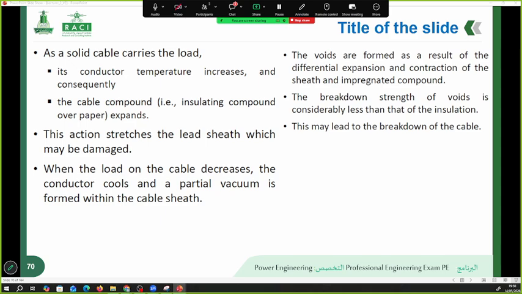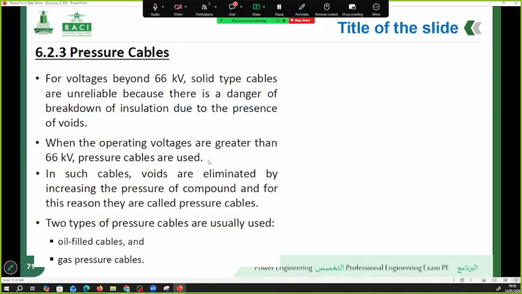And this slide introduces the pressure cables, which are designed for high voltage applications. As we have seen, solid type cables are not reliable for voltage beyond 66 kilovolt because of the danger of insulation breakdown caused by the presence of voids.